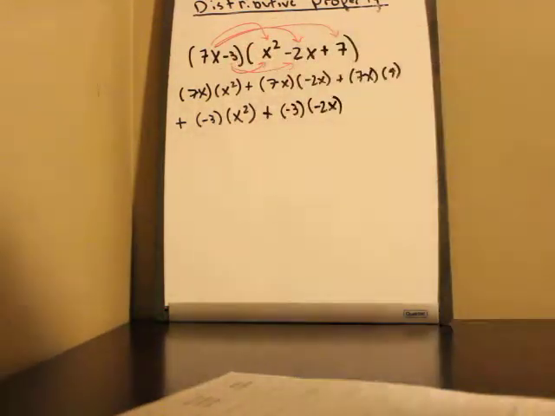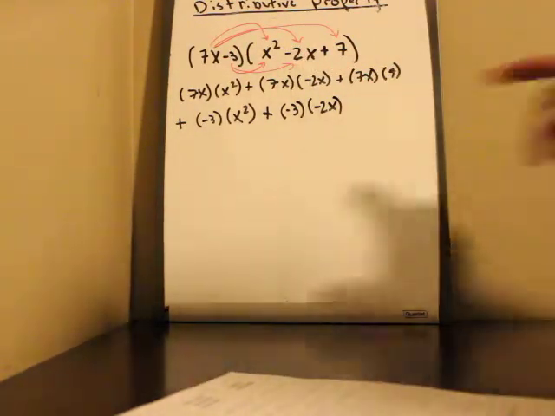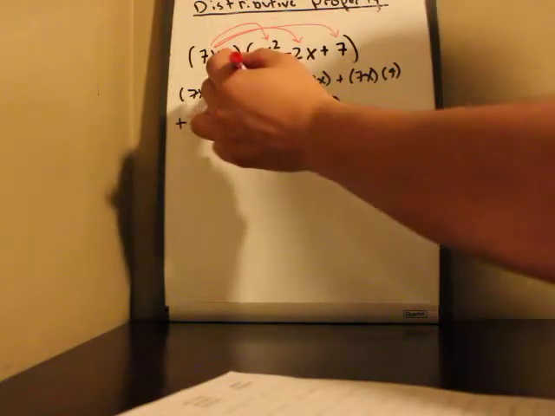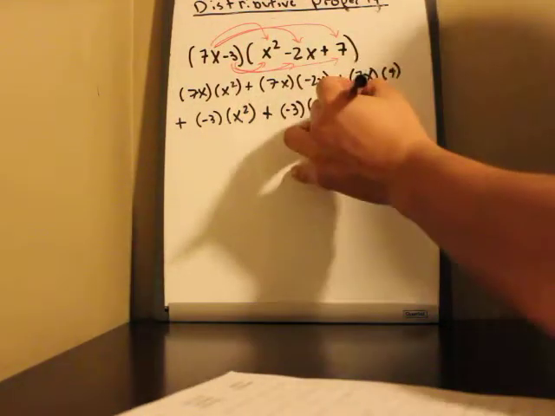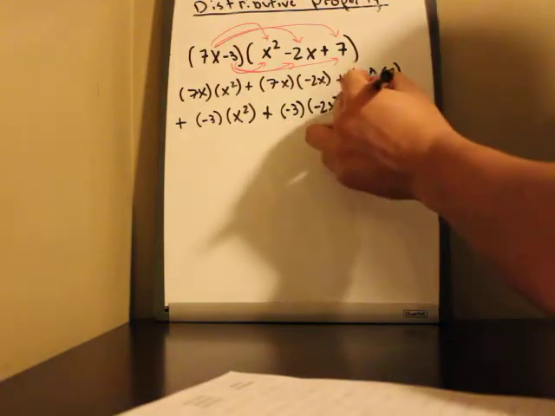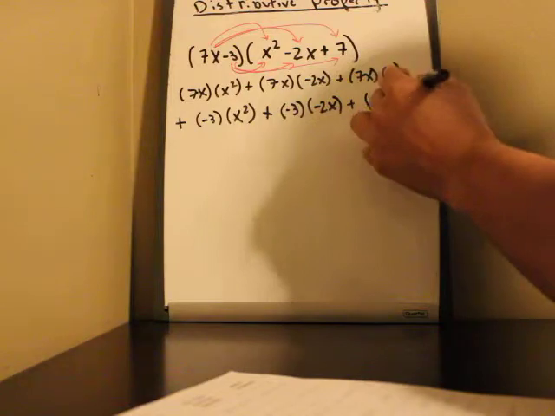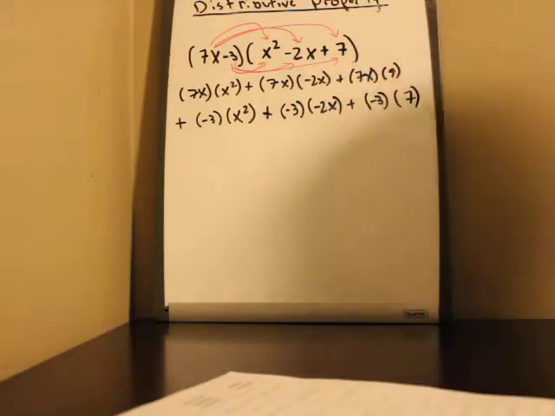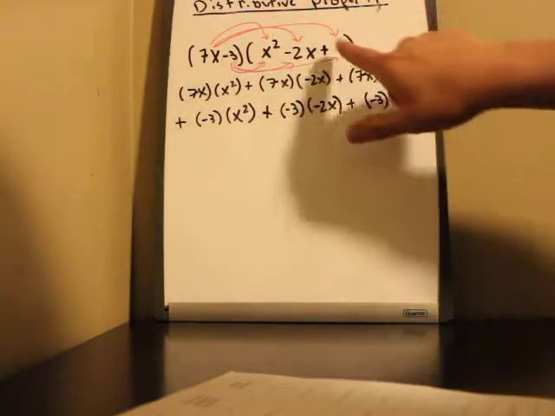Then we're going to get the -3 and multiply that by 7, so plus -3 times our +7. I might have said -7 before, but I meant to say -3 times the 7.